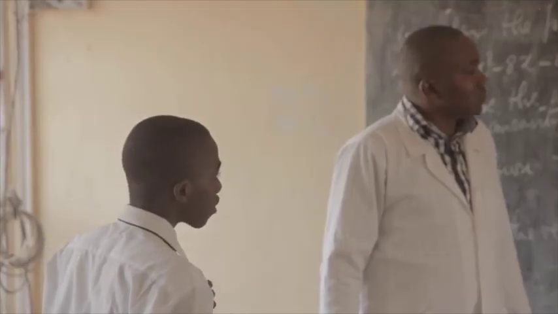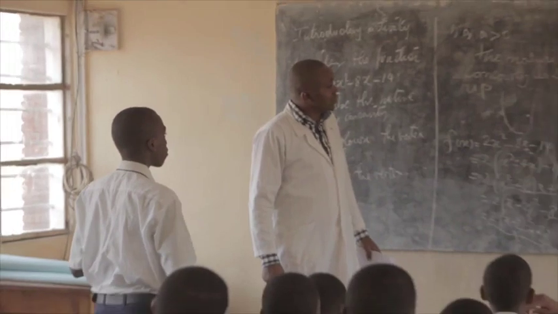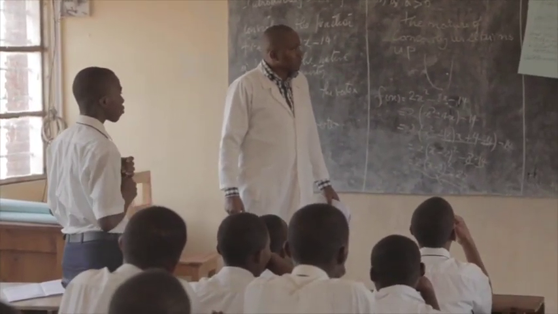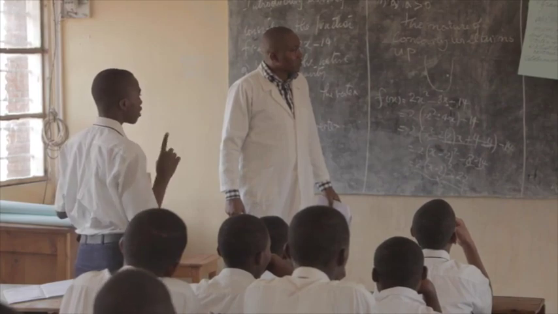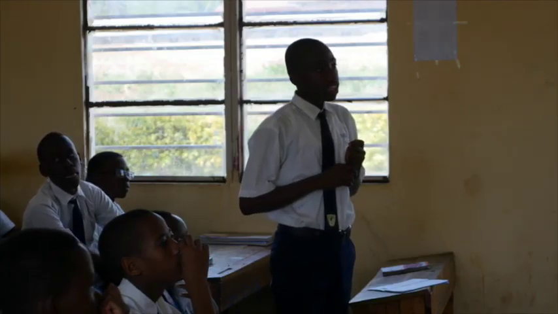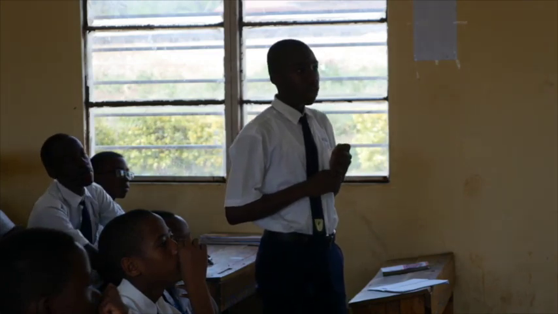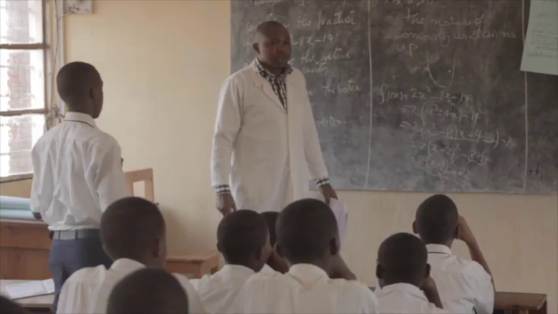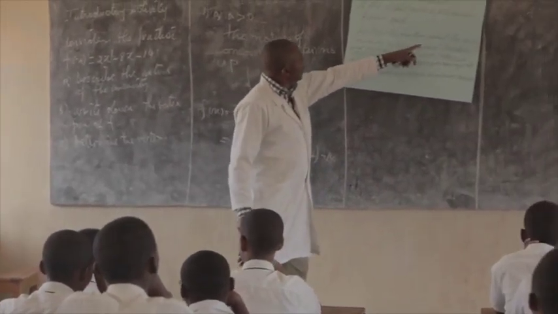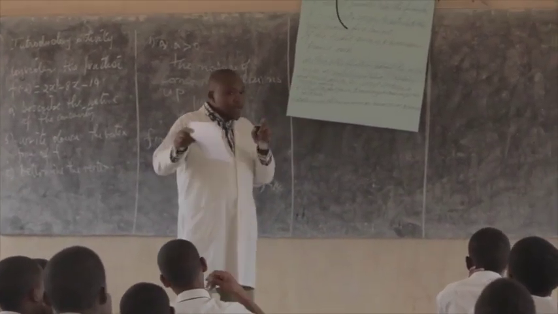Sub-question B: What ticket price will minimize or maximize the revenue? Question C: Determine the minimum or maximum revenue. Is it clear? The minimum, what does it mean, the minimum?